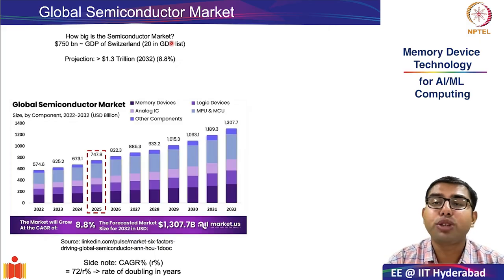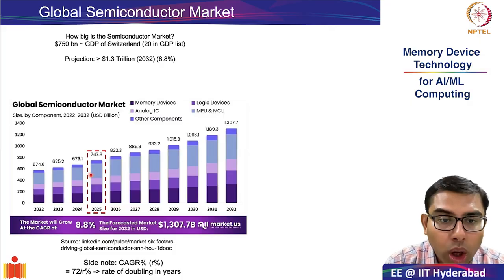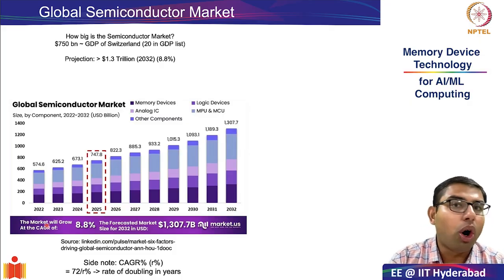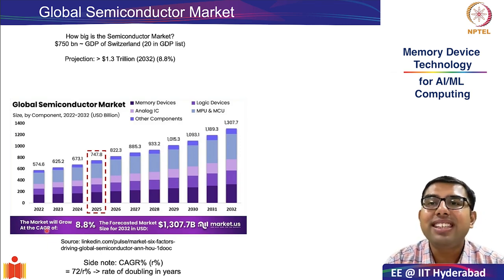The other important aspect to look at is, currently it is $750 billion, but what is the rate of growth? To measure the rate of growth of any company or any economy, we generally use a term called CAGR.